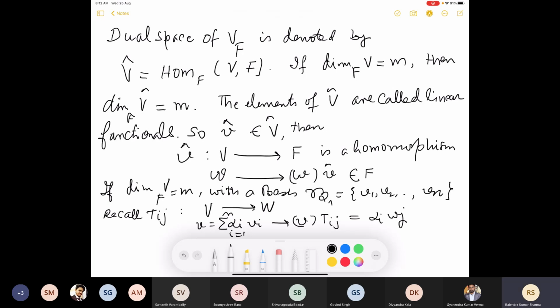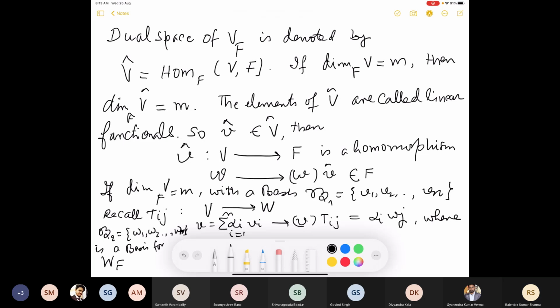Now here you can see that Wj, where B2 is W1, W2, up to Wm, is the basis for W over F. All right.